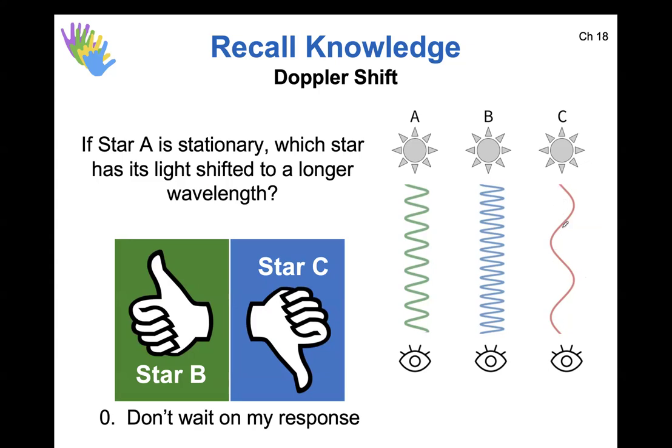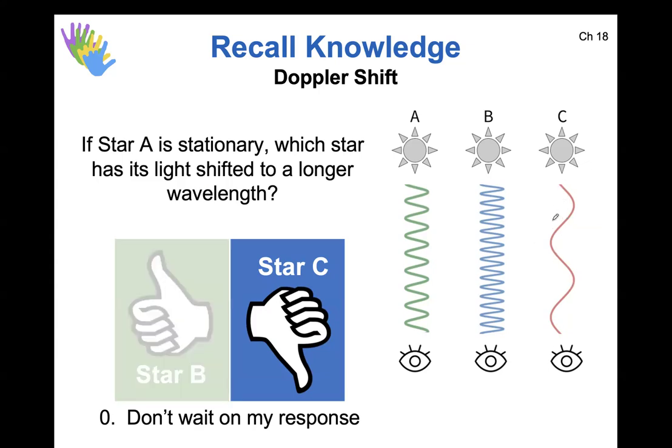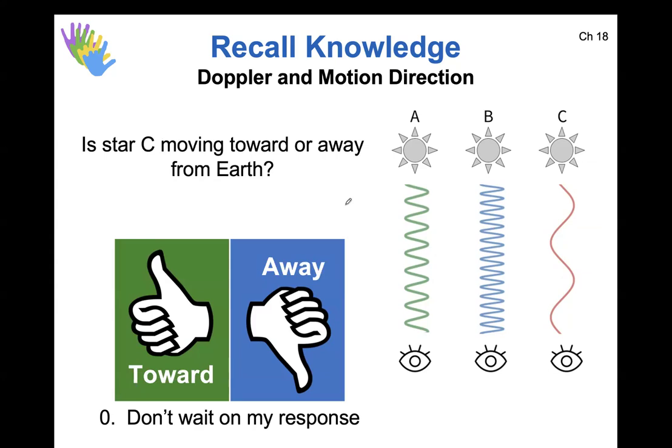This one literally looks longer, right? So C has the longer wavelength. It's redder. We say it's red shifted. So then if star C is moving, is it moving towards or away from us? To get this type of shift, is star C moving away or towards? Who remembers?